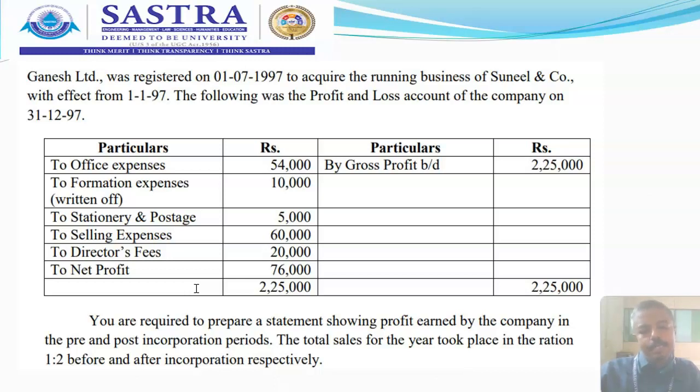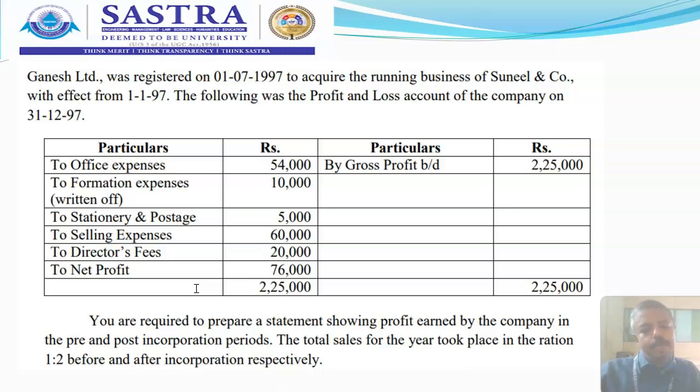And then make the same columns with the same titles, and we can proceed with each expense one by one. So what are the columns? Let me repeat again for your benefit.